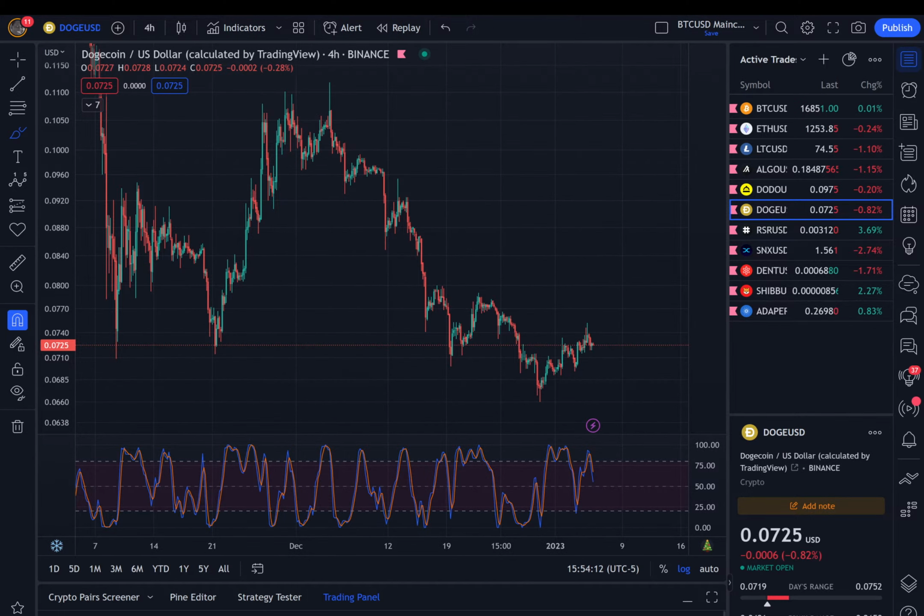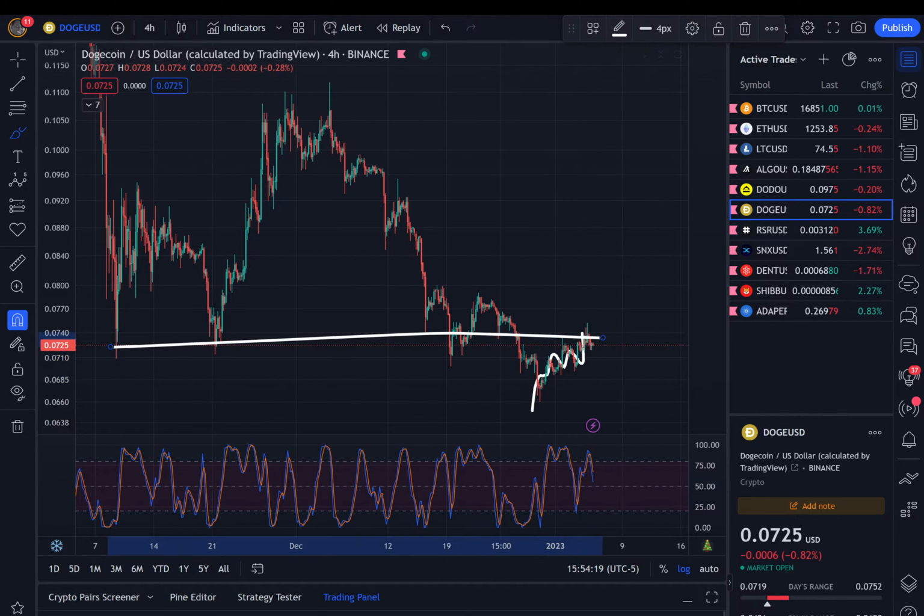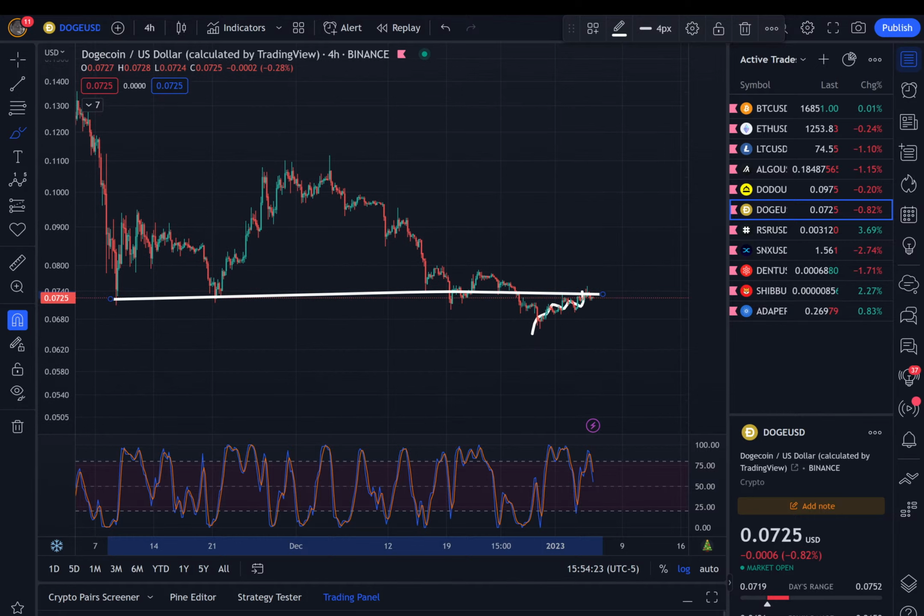Dogecoin, same thing. You've gone up, you matriculated up to a significant resistance, and that significant resistance is basically the bottom of this FTX drawdown range.